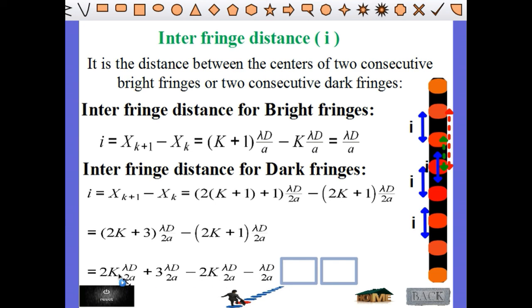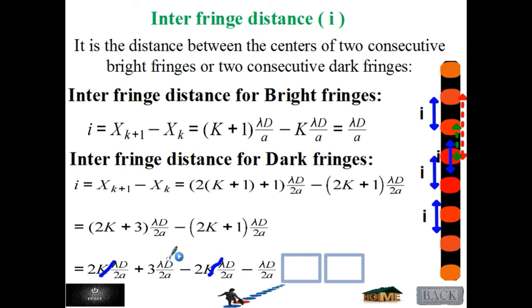The 2k lambda D over 2a cancels. We will get 3 lambda D over 2a minus lambda D over 2a. It is 2 lambda D over 2a. 2 by 2 cancelled, then I will get lambda D over a.